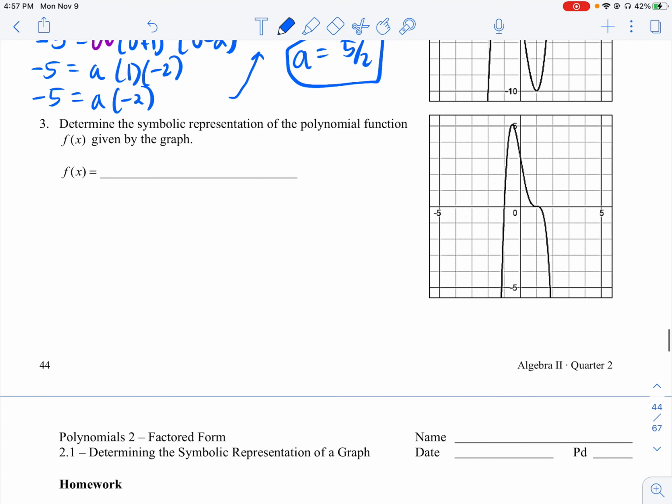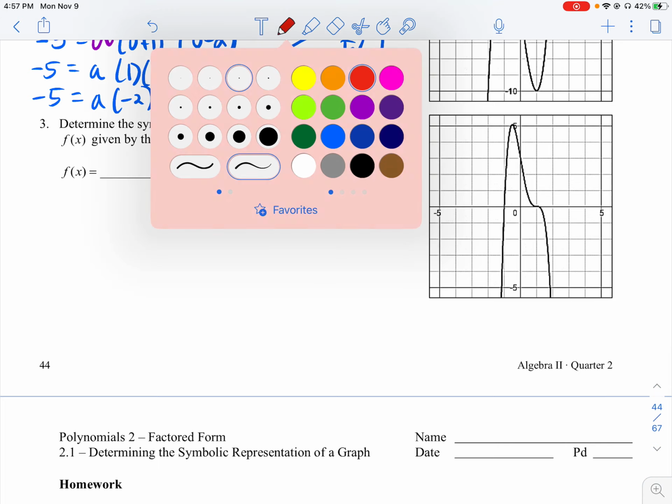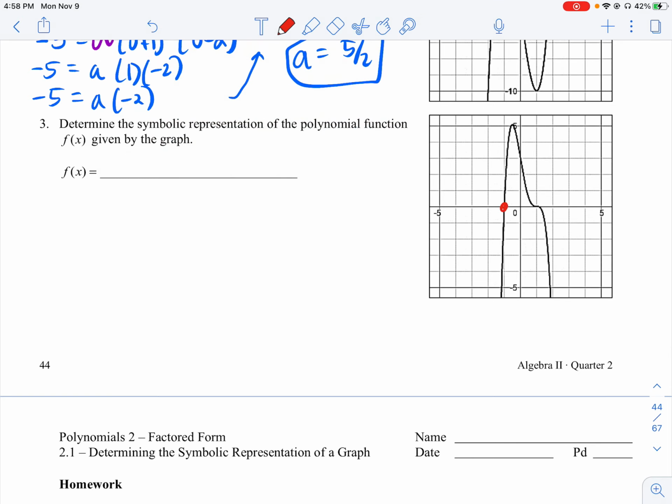What do we need to figure out? Let's figure out our x-intercepts. And we usually mark them in red. That is an x-intercept. That's an x-intercept. So for the x-intercepts, we have, what is that? Is that a -1? -1, comma 0. And then 1, comma 0. Okay?